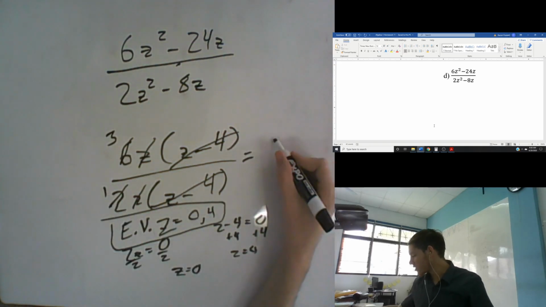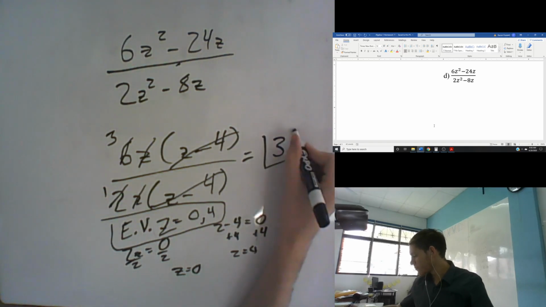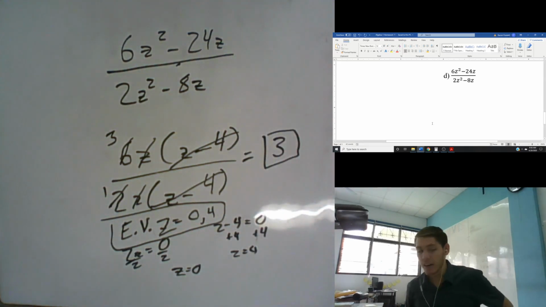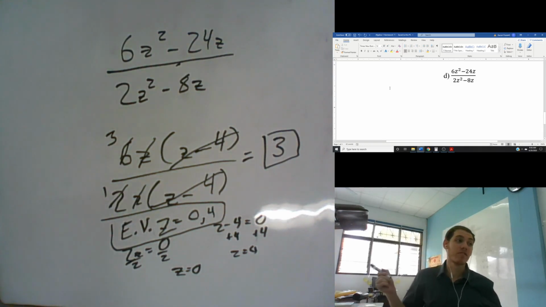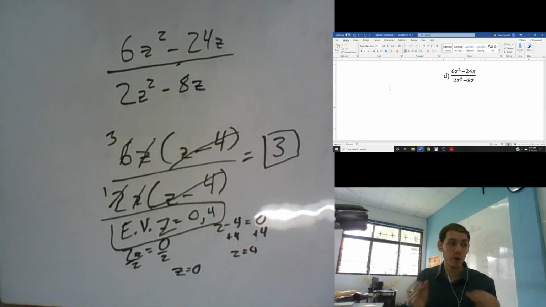So our answer is 3. Originally, you look at this mess, and it's like, how is that 3? But as you break it apart, there are things that will come out, and those things that come out make it easier to simplify and make the problem simple.